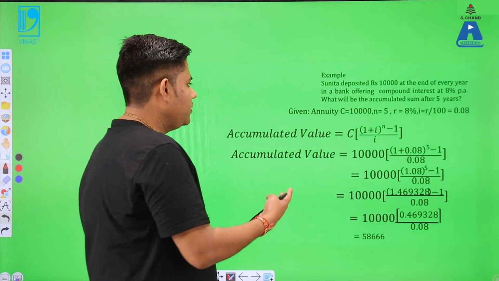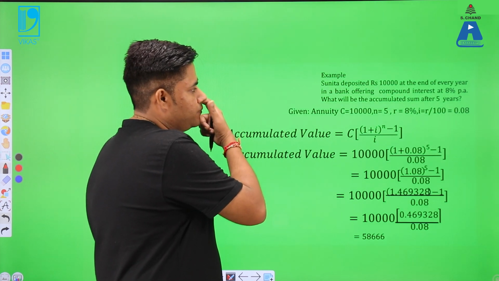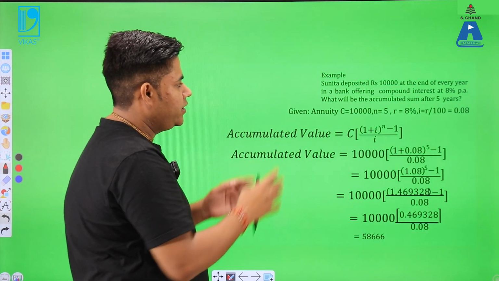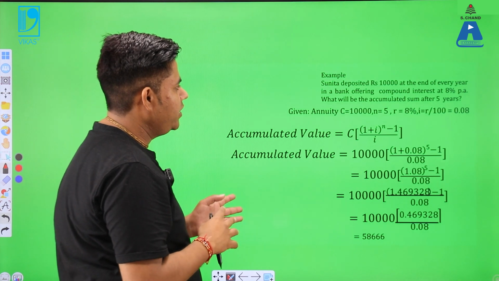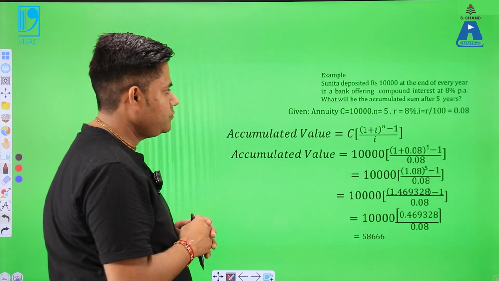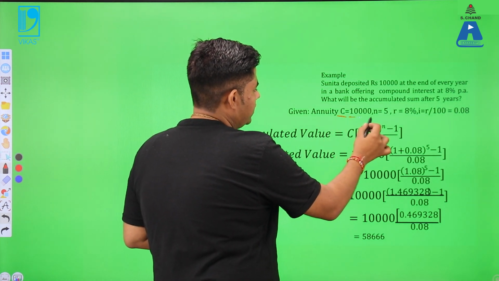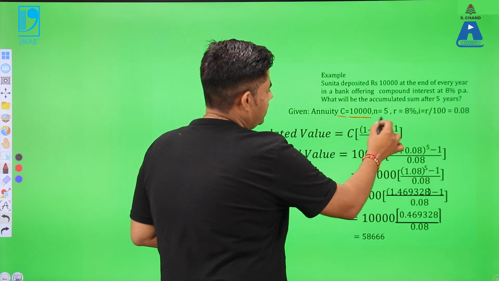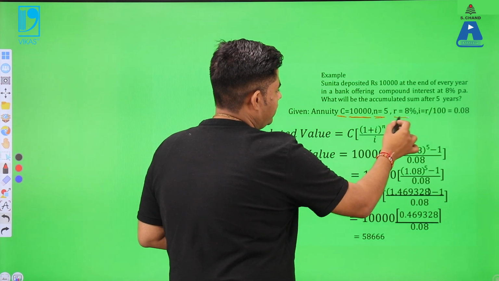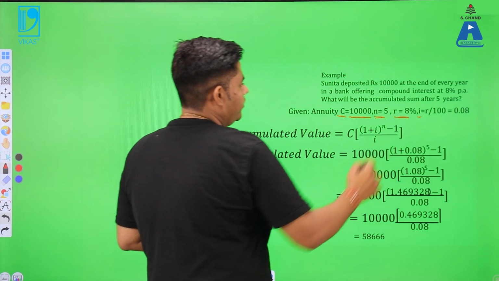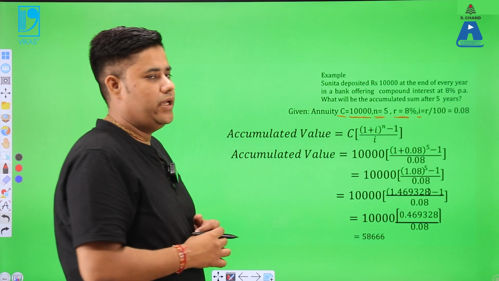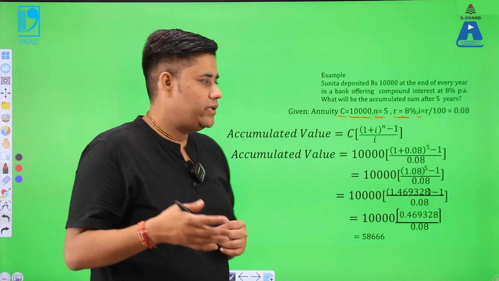So you have the particular statement, and you need to convert that statement into symbols. So you have the annuity value, which is C, that is mentioned 10,000, and number of years are mentioned, rate of interest is also mentioned. Here you need to find out the i value. So i is rate of interest divided by 100.